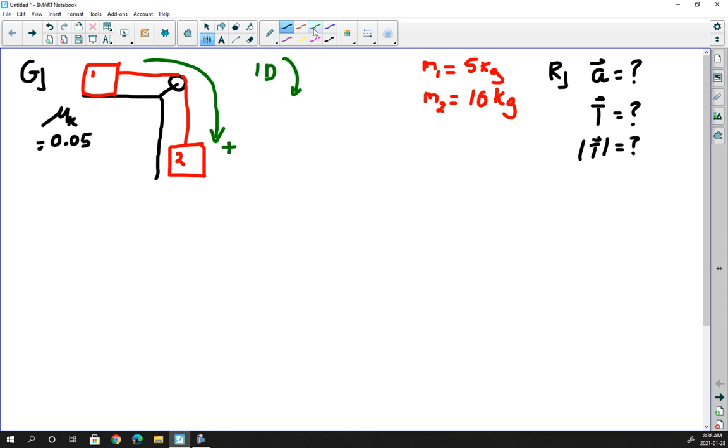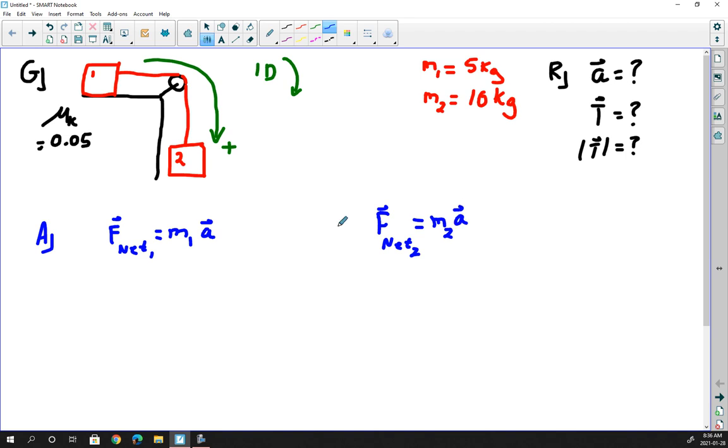So we have to do some analysis here. The way you really want to start is to use F net equals ma on each of these. So the net force on the first object is equal to the mass of the first object times the acceleration. The net force on the second object is equal to the mass of the second object times the acceleration.